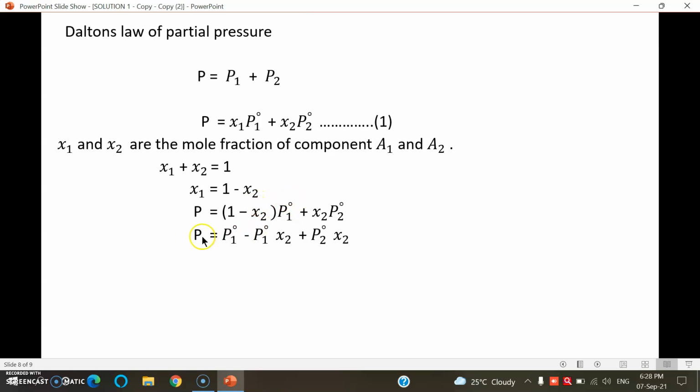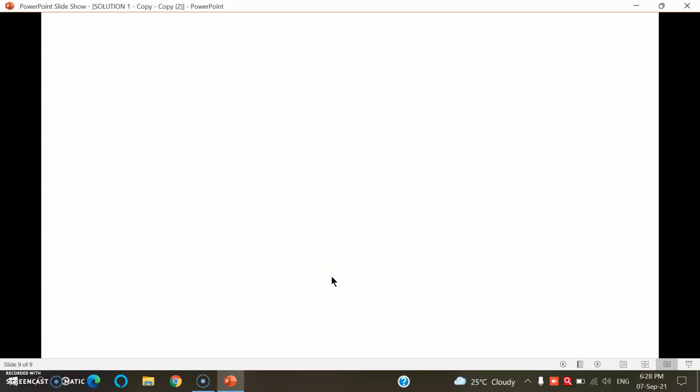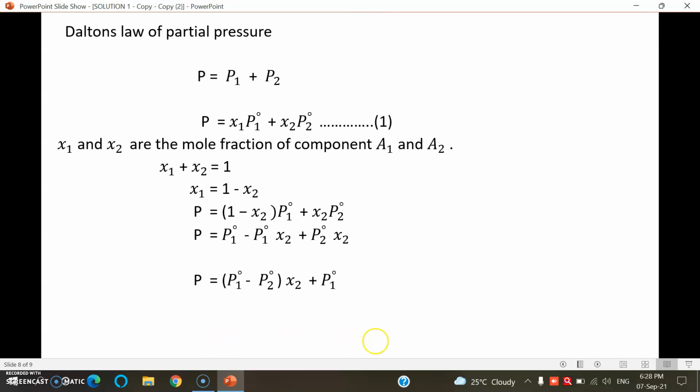On solving the bracket, P is equal to P1 naught minus P1 naught into X2 plus P2 naught into X2. Taking X2 common in bracket, P is equal to (P2 naught minus P1 naught) X2 plus P1 naught.